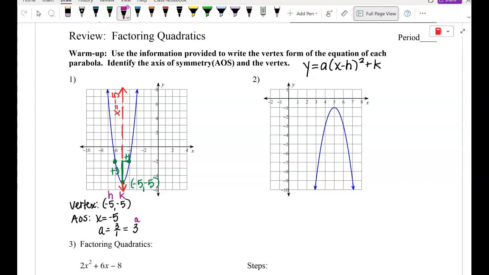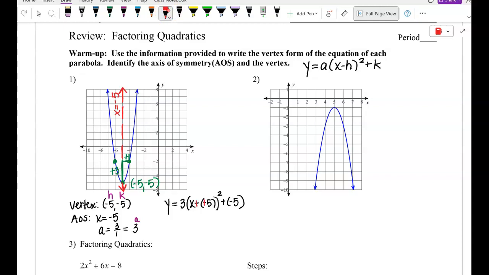So I'm going to fill in my a, my h, and my k into the equation. So y equals 3 times the quantity x minus -5 quantity squared plus -5. So I've filled in my a, my h, and my k. Now I need to clean it up.